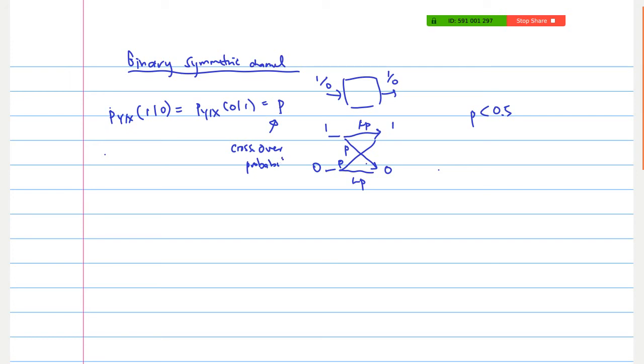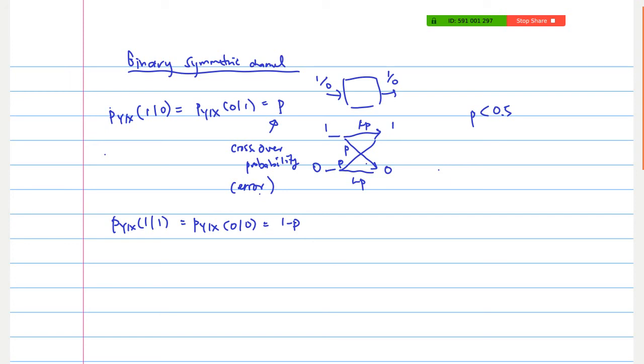That's the probability that you're having an error, basically. And then P(y given x) for 1,1 is equal to P(y given x) for 0,0, which is equal to 1 minus p.